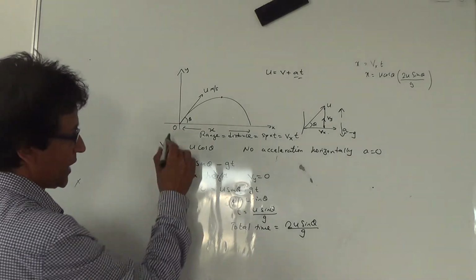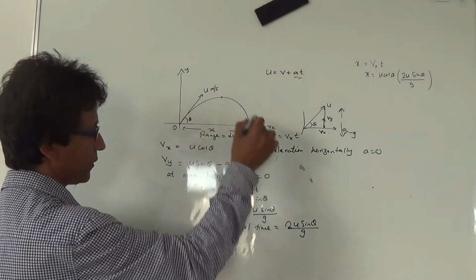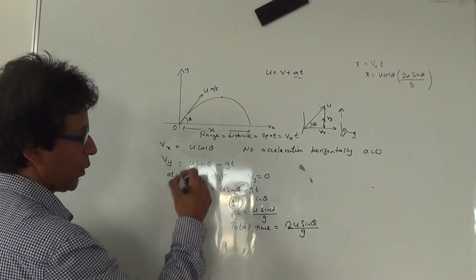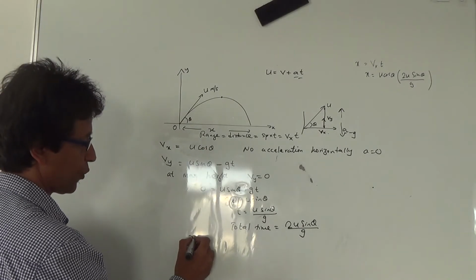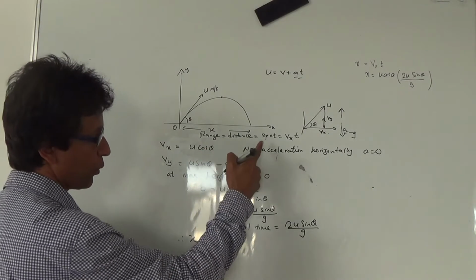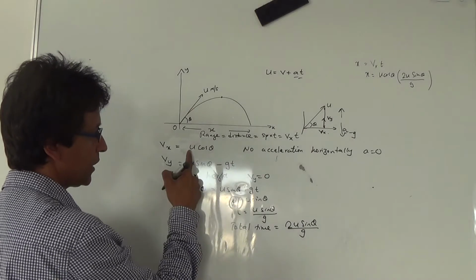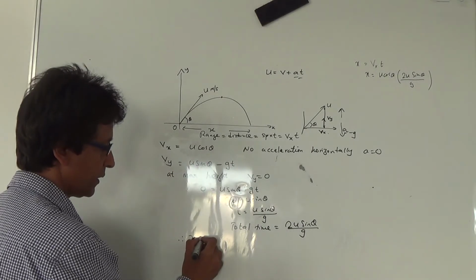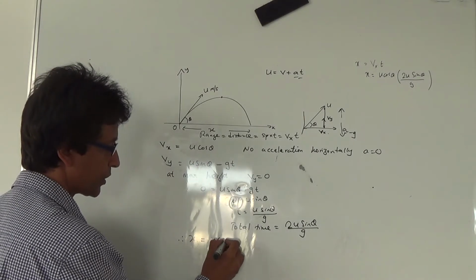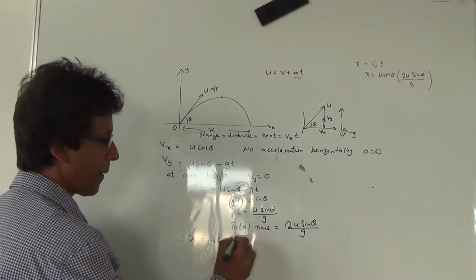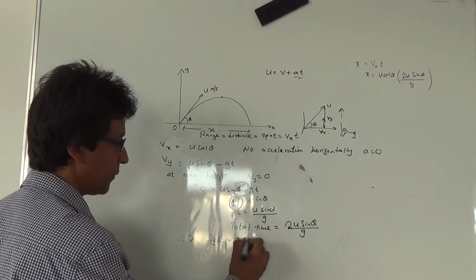So x is going to be equal to u cos theta multiplied by the time, T.